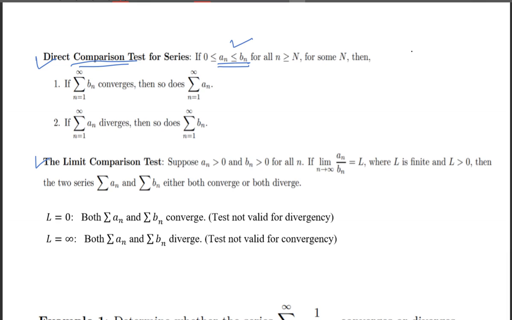If the bigger one is convergent, then the smaller one is also convergent. If the smaller one is divergent, then the bigger one is divergent. That is, if bn is convergent, then an is also convergent. If an is divergent, then bn is divergent.